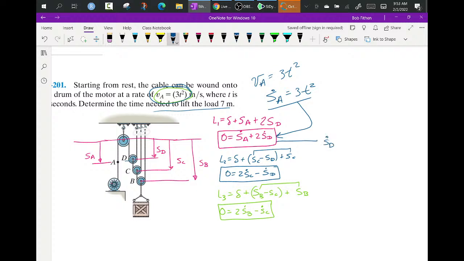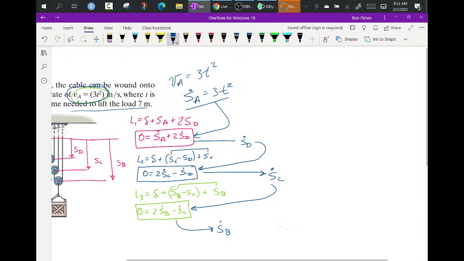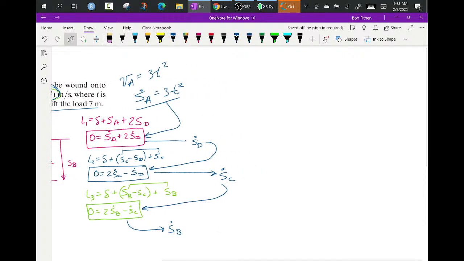Then I can shove it into here and get SC, and shove that into here and get SB. Or I can just put them all together. In fact, I can work my way from A all the way to B by going through all 3 equations. Let me just do that real quick.